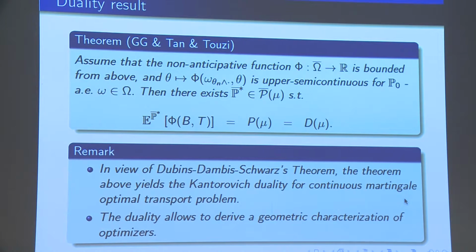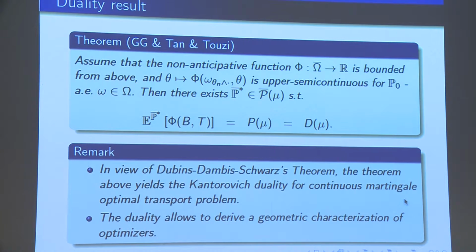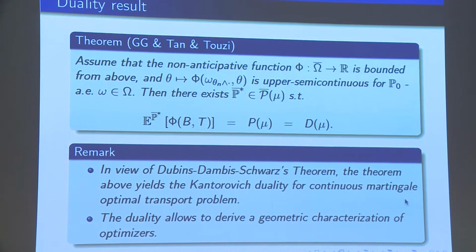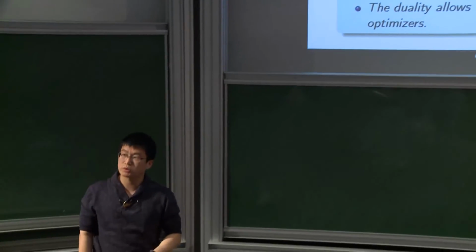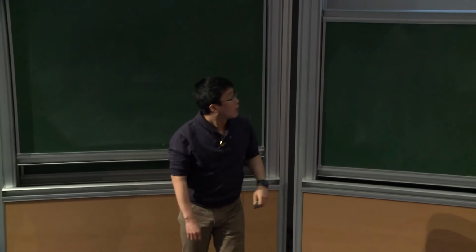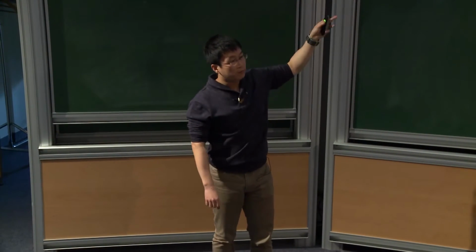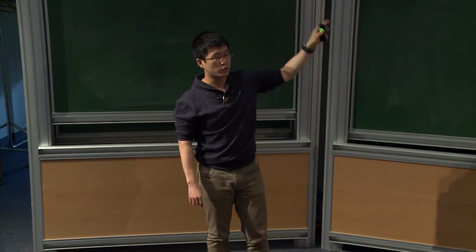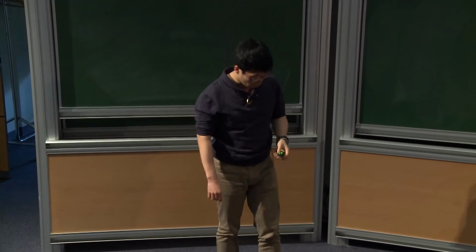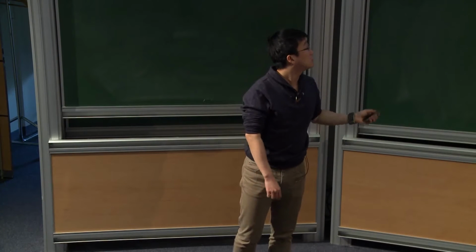Okay, what is the main utility of this duality? With the help of this duality, we may revisit the monotonicity principle which was introduced by Beiglböck, Cox, and Huesmann in 2014, and we provide a new proof using this duality and the optional cross-section theorem.